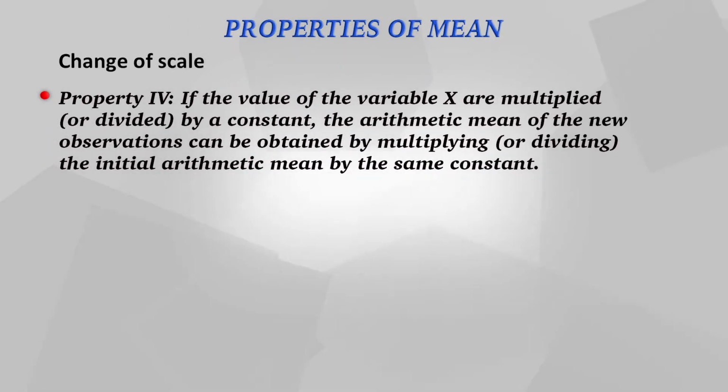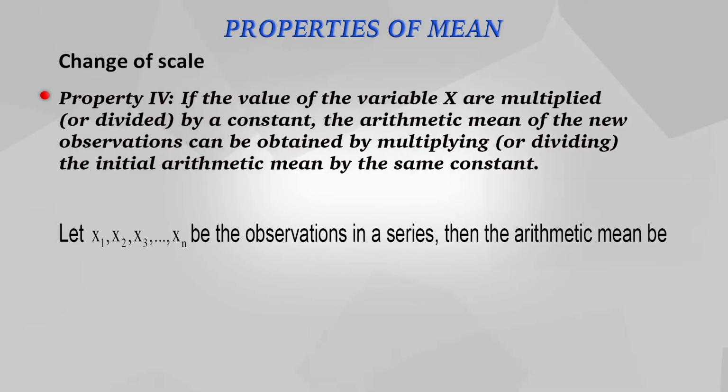Now, the next property, property 4, says that if the value of the variable x is multiplied or divided by a constant, the arithmetic mean of the new observations can be obtained by multiplying or dividing the initial arithmetic mean by the same constant.